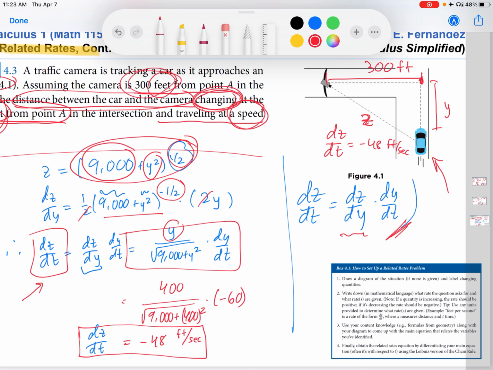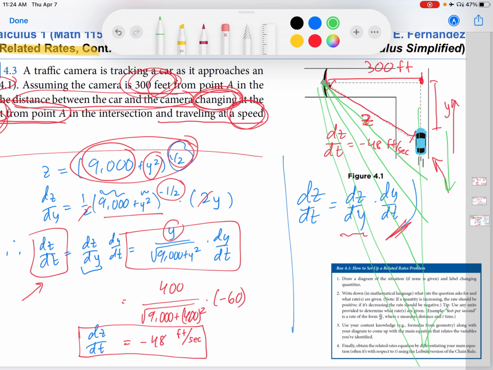So it should make sense that as the car is traveling that way, this z distance is decreasing, right? If the car were traveling in the opposite direction, then you can see me drawing longer lines, and z would be increasing. But z here is decreasing. I'm drawing shorter and shorter lines until I get to 300 when the car gets to point A. So again, this negative sign makes sense as a reflection of that decreasing measure of distance for z.